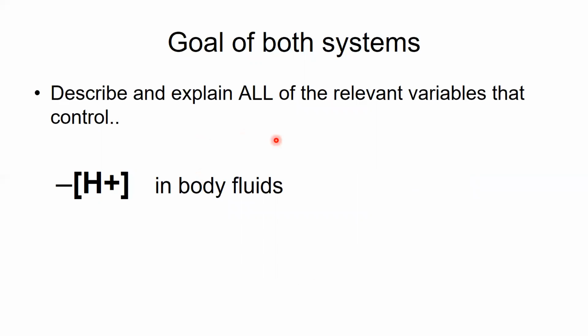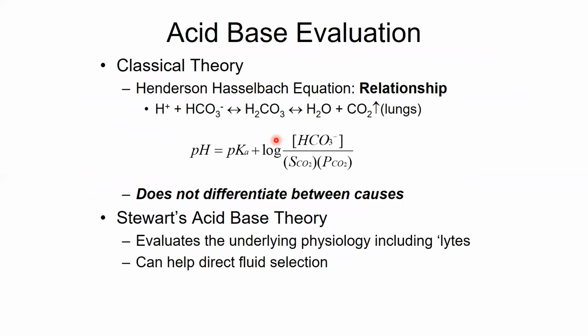So the goal of both systems is to try to explain all of the relevant variables that control H plus in body fluid. And the quantitative approach is just an extended way to do this. So in the classical theory, the Henderson-Hasselbalch equation describes the relationship between CO2, H plus, and bicarb.